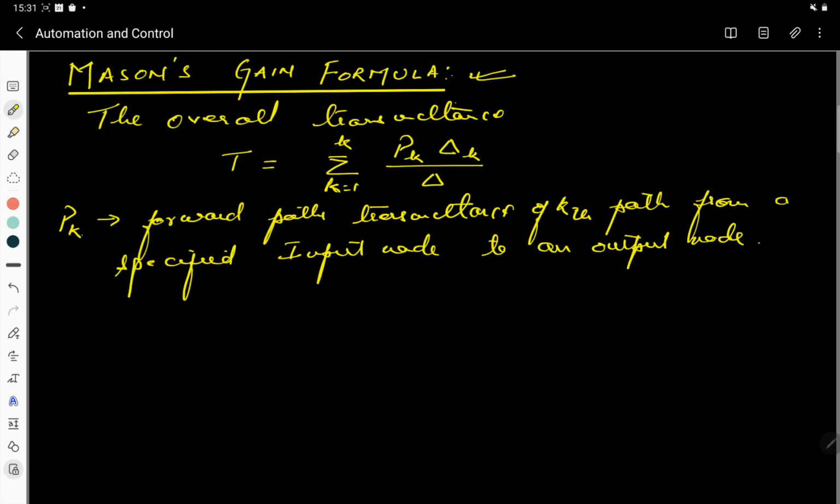So Pk is simply the forward path transmittance of the kth path from a specified input node to an output node.